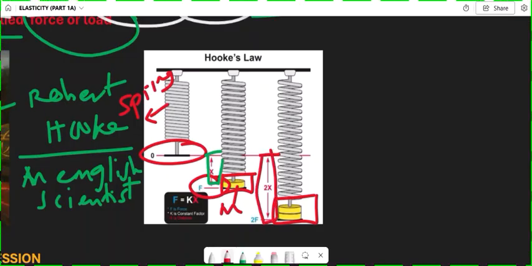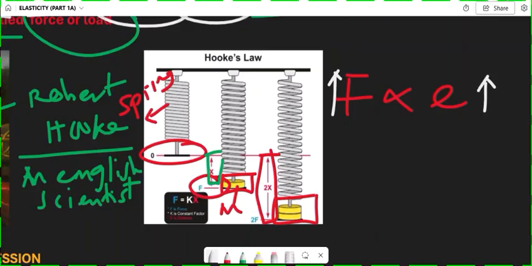So Hooke is saying that as more force or load is applied to the spring, which is your elastic material, there's higher extension, meaning change in length of the material. If my force increases, I have an increase in extension. If my force decreases, the extension comes down. That's what Hooke is talking about here.